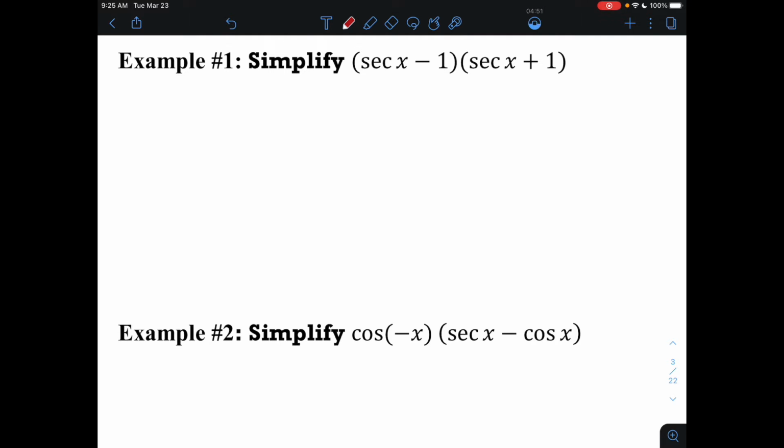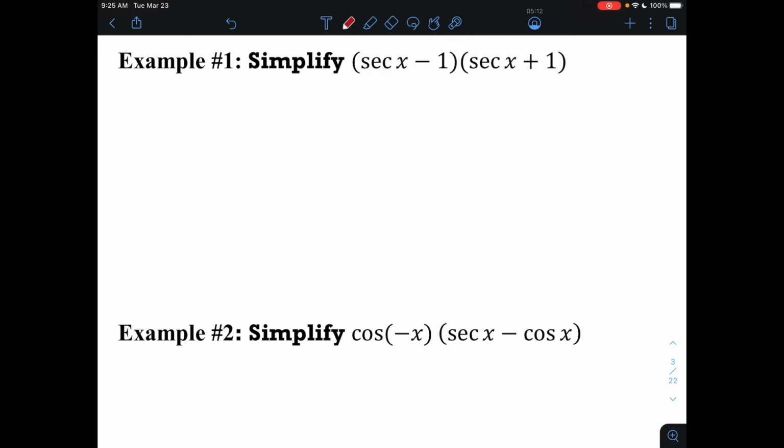So I'm going to want to try to get this so that this is squared. So foiling this is going to be our best bet.